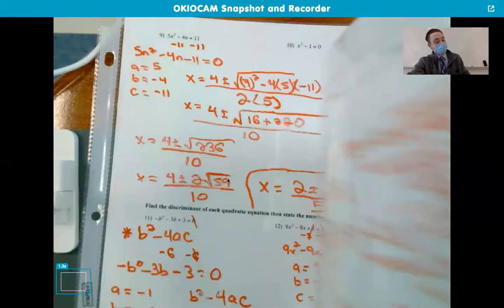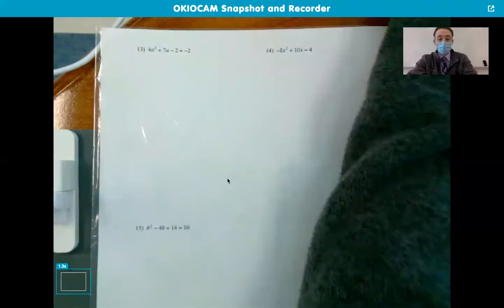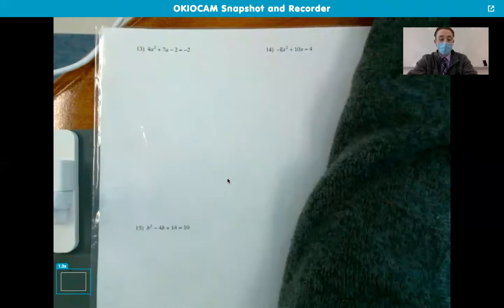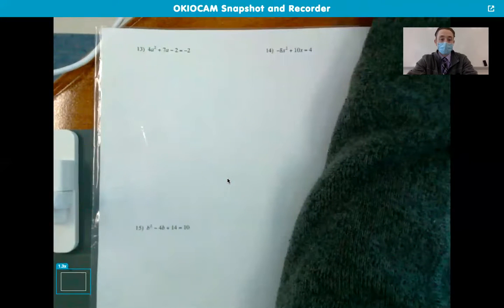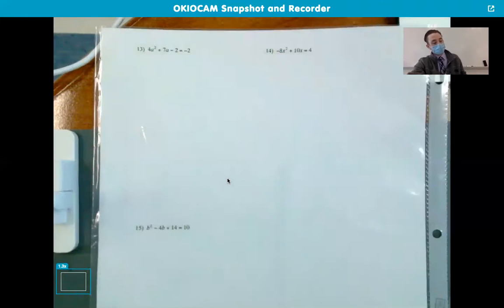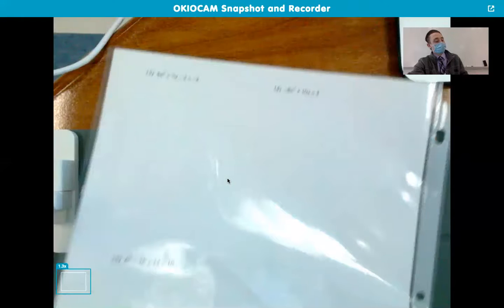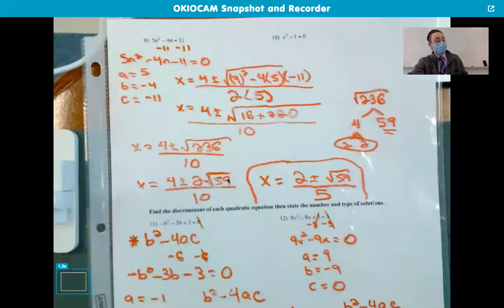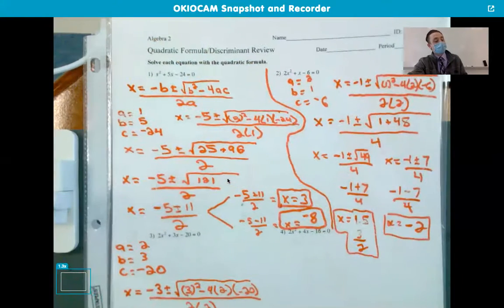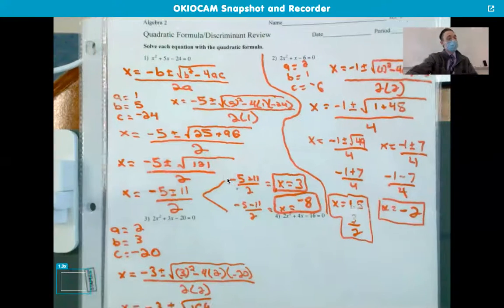And then you're also doing 13, 14, and 15 on the very last page, so 13 through 15 on the discriminant. So there's a decent amount of review. If you want to take advantage of the next couple of minutes and get started on that, hopefully, as I was going through some of the other ones, you might have been doing other questions anyway, which is great.